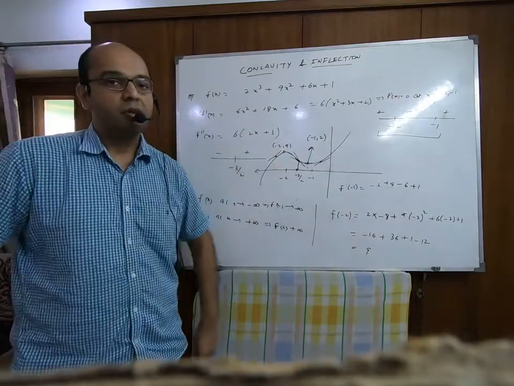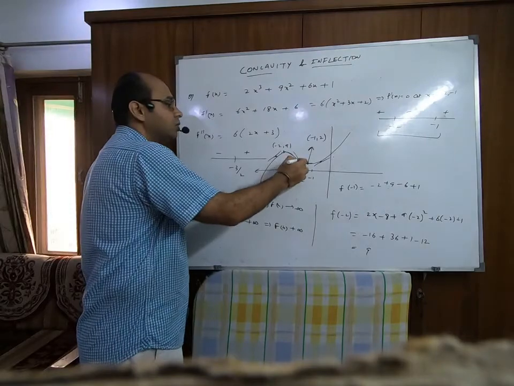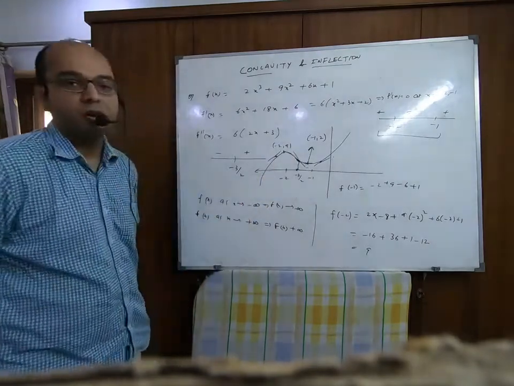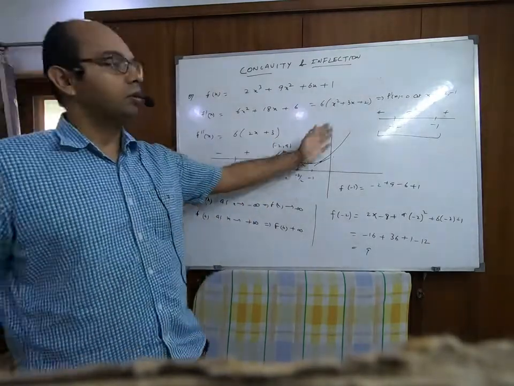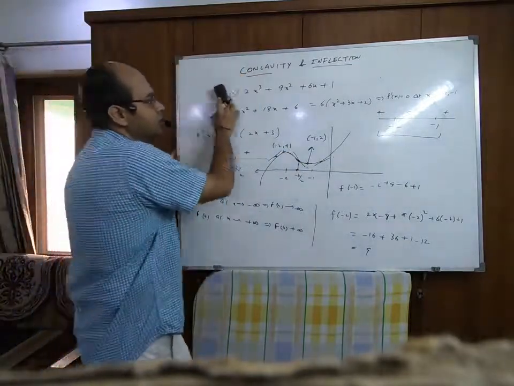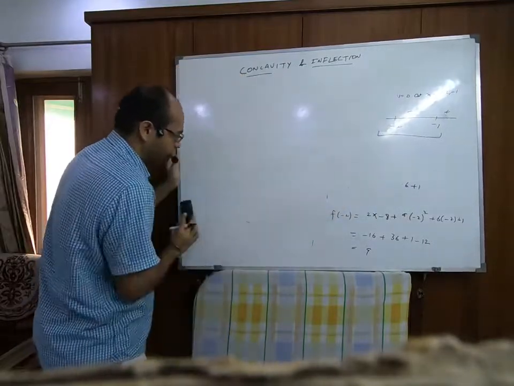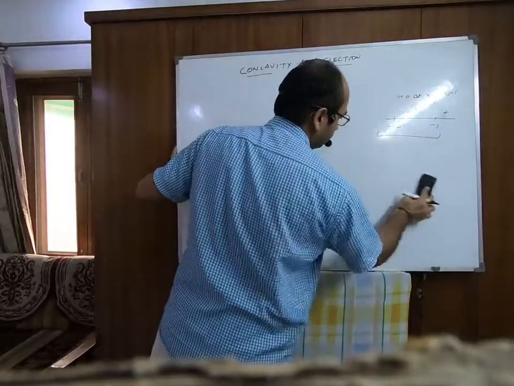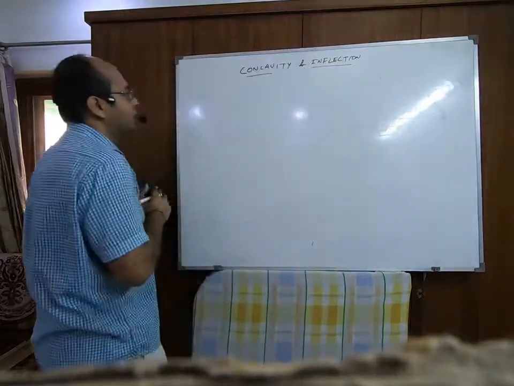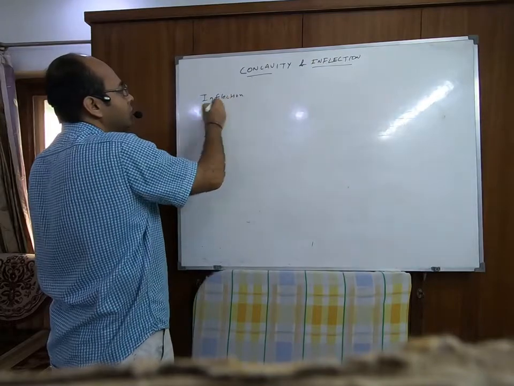I hope this should make at least concavity clear to you. We'll further keep applying concavity, but the next question that comes to our mind is, what is this point of transition where the concavity of a curve is changing? So let's discuss this. This is called a point of inflection.